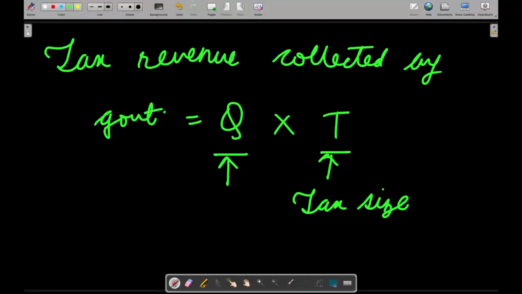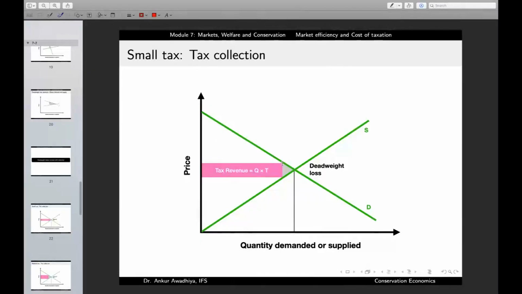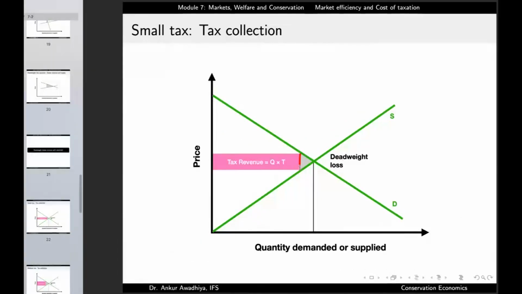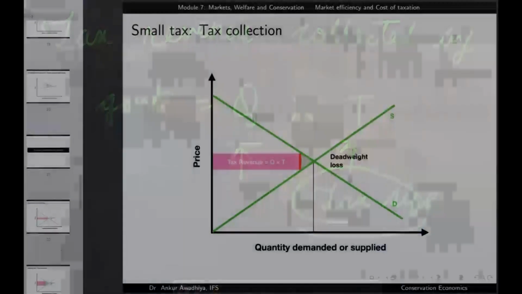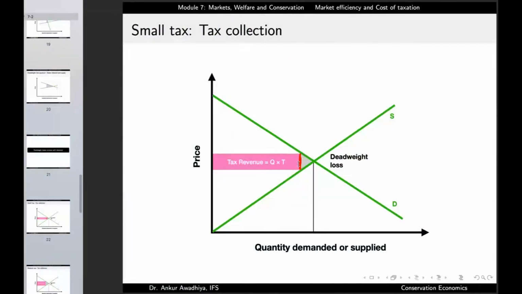Now, if T is very small, as we are observing here, so in this case, this much is T. So if T is very small, then Q into T also becomes a small quantity. And so the tax revenue that is collected by the government, as given by the area of this pink colored rectangle, is also a small quantity.